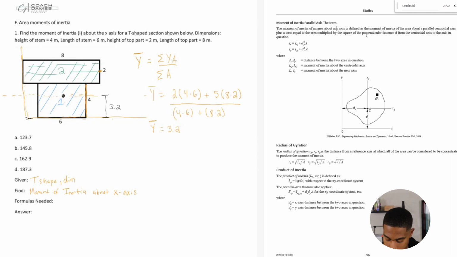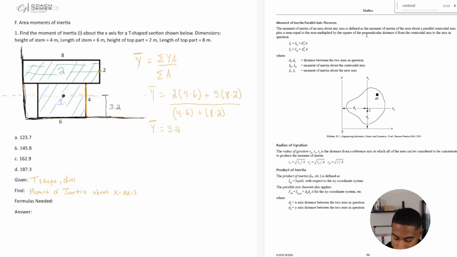So that's this axis, and this axis. Now, that's how we were able to get the y coordinate of our centroid. And we want to find the moment of inertia about the x-axis of this particular piece.